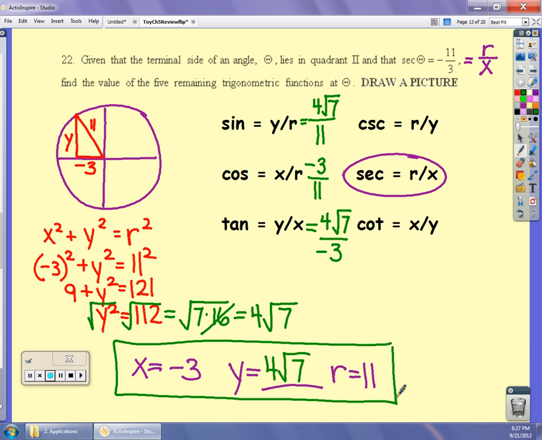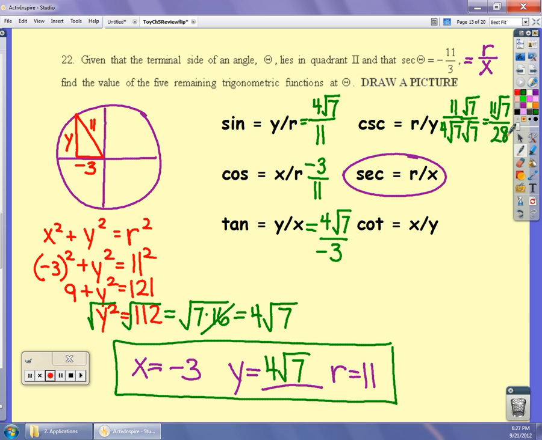Cosecant, which is r over y, if we take the reciprocal of this, we'll get 11 over 4 square root of 7, which we need to rationalize. And we get 11 square root of 7 over 28.